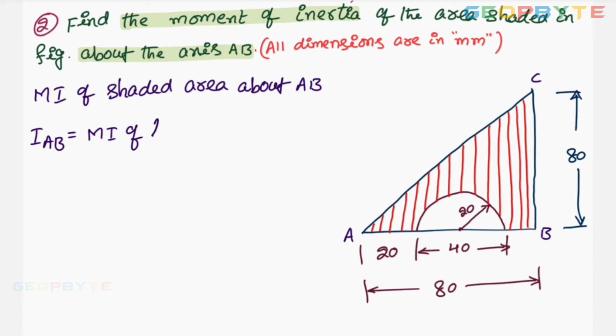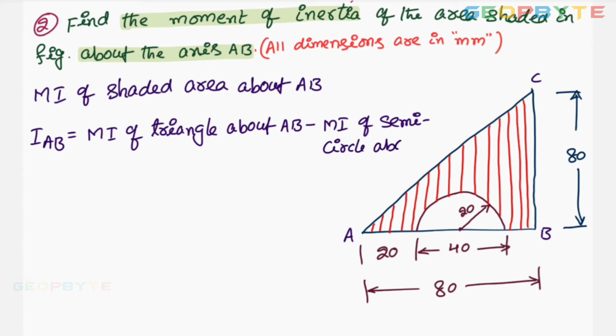Look at the diagram. Moment of inertia of the triangle about AB minus moment of inertia of semicircle about AB.